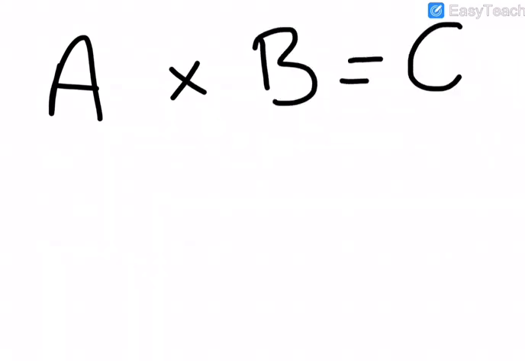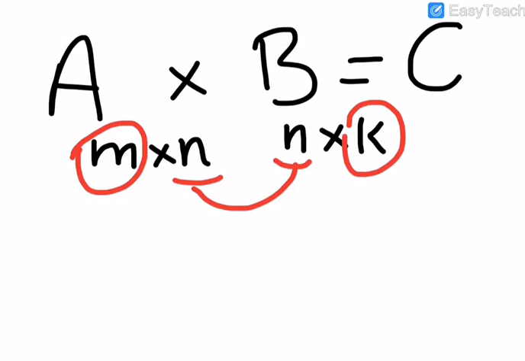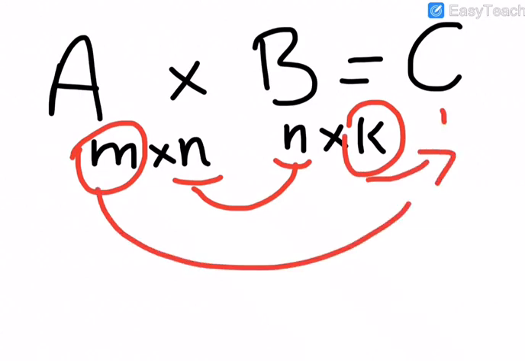So, if we say that A times B is equal to C, A is of M by N order, and B should be N by K, for example. Let's say these two should be the same for the multiplication. So now the question is, what is the size of the matrix C? It's going to take the M and K in here. It's going to be M by K, right?